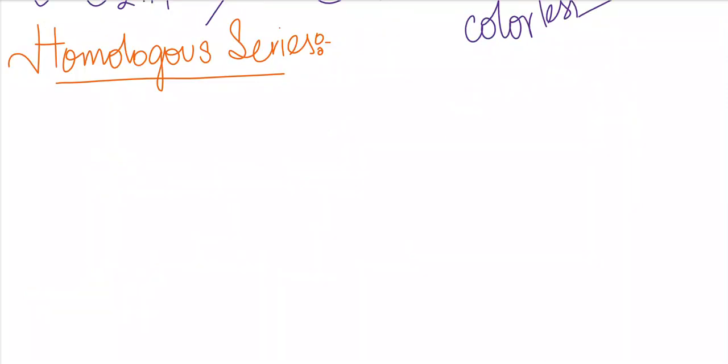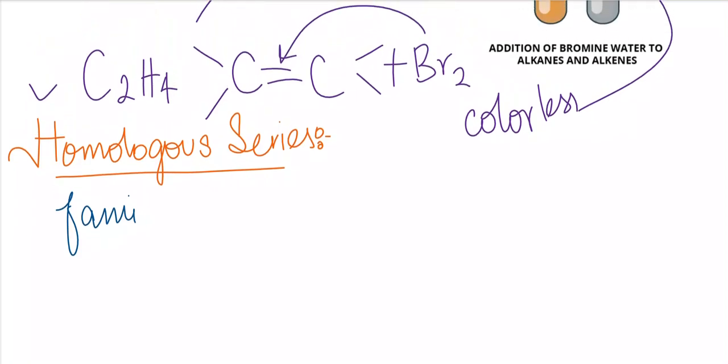So now the next topic is the homologous series. A homologous series is a family of compounds which have a similar structure or similar name endings, like the alkanes, alkenes and alkynes that we already talked about. They behave chemically in a similar way due to the presence of the same functional group.